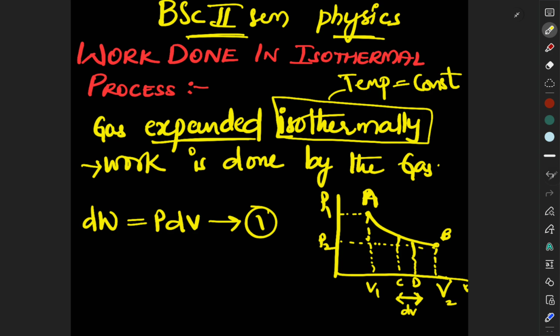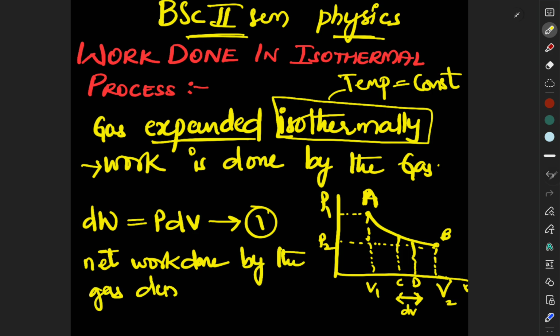We need the net work done by the gas during the entire process, during the total expansion, that is from volume V1 to V2.